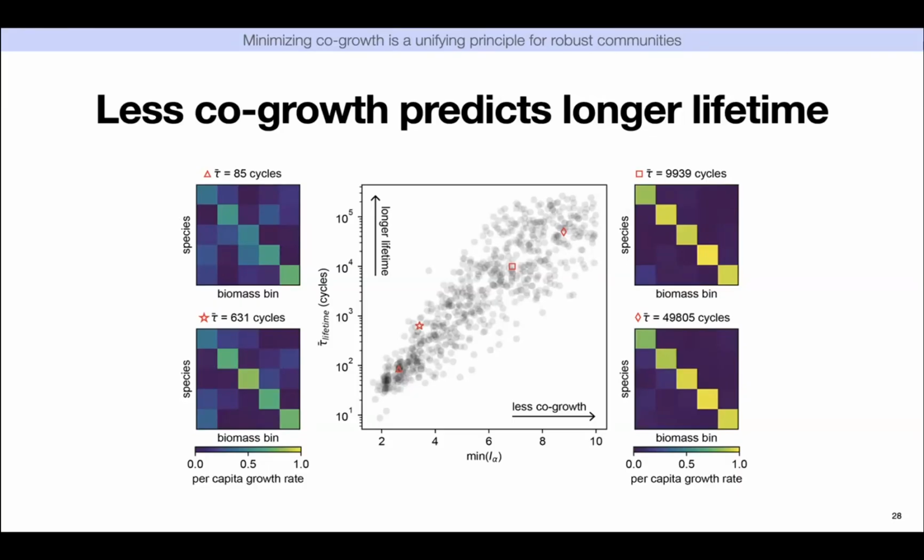And qualitatively, we can see this as well, where for that point with the upward triangle, you have much more shared growth in a particular rescaled time bin, versus in the case here for the diamond, you have almost a near diagonal, almost the identity matrix, in which you have really strong growth of just one species in each bin.